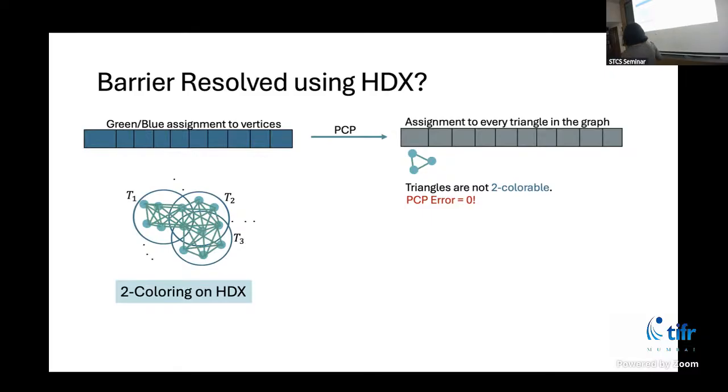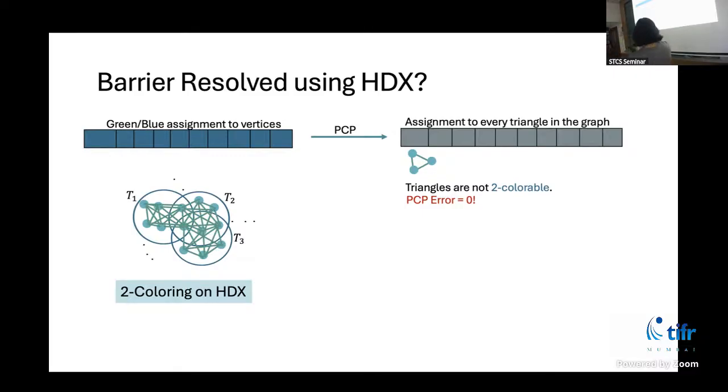If you look at two coloring on an HDX, like this structured expander, the PCP which asks for neighborhood things will have error 0. There's no counterexample anymore. Right, because triangles, like local neighborhoods, witness that the global graph is not two colorable. But here, even the whole graph will not be two colorable.